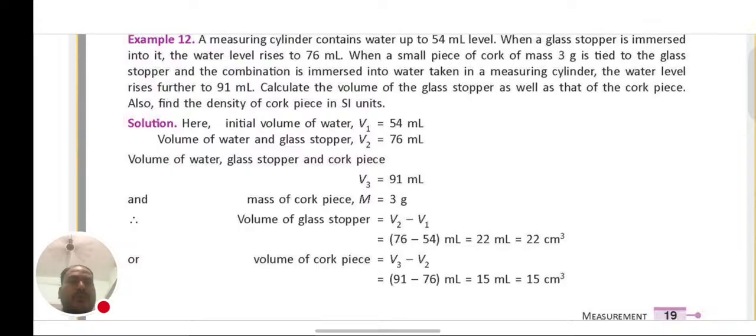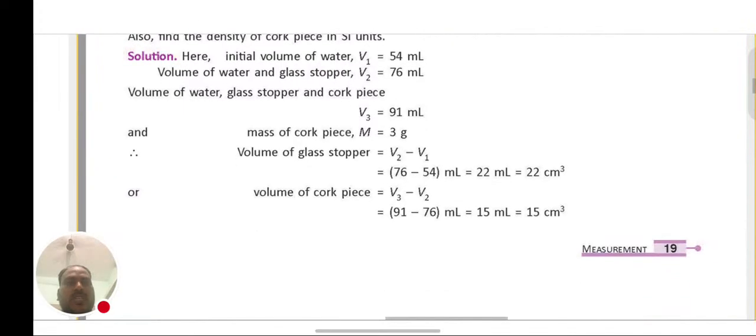First we will find V2 minus V1, so we do the subtraction, 76 minus 54 ml, and we get 22 ml. We know that 1 ml equals 1 centimeter cube, yes or not?